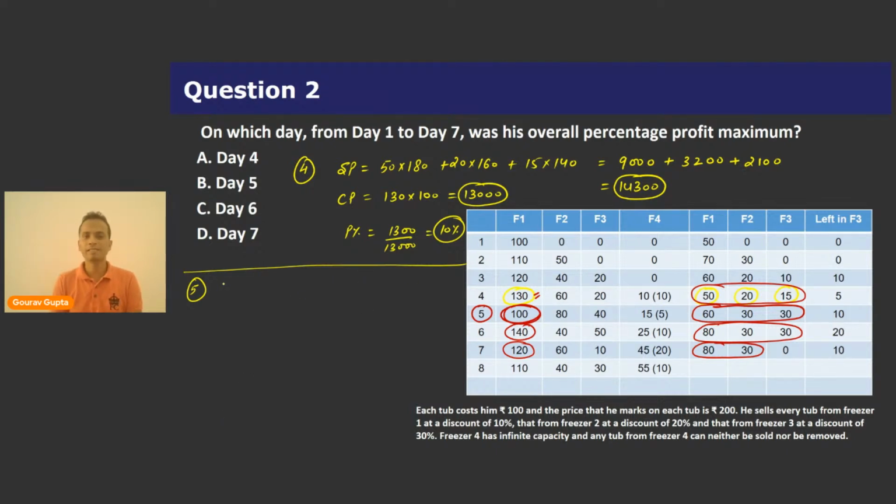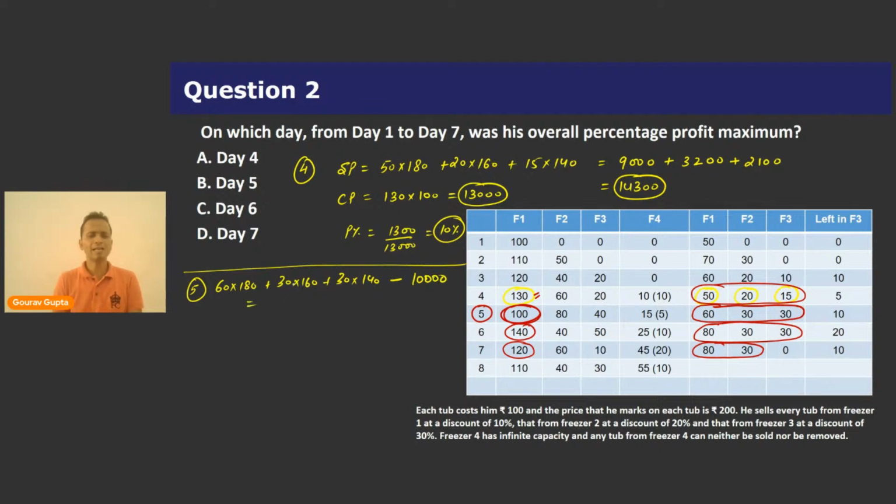Now selling price on day number 5 will be 60 into 180 plus 30 into 160 plus 30 into 140, and I'll subtract the cost price. Cost price will be of 100 tubs, that will be 10,000.